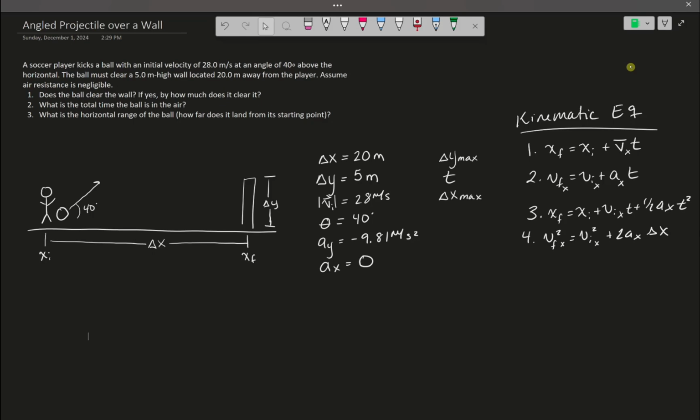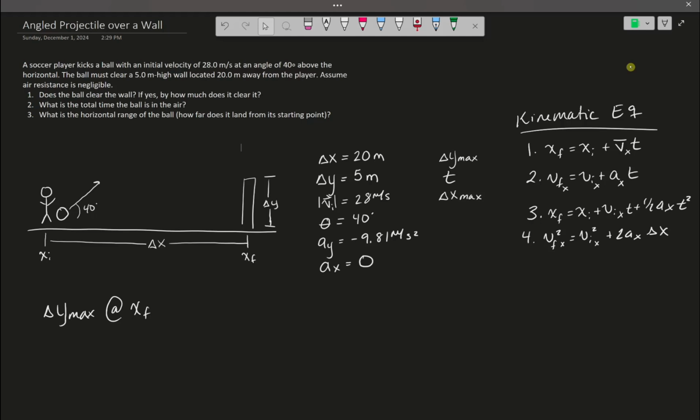So we want to figure out if this ball is going to clear the wall and by how much it clears the wall. So what it's really asking us for is to figure out what is the maximum height of this ball at the x final location.